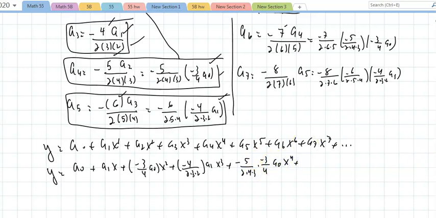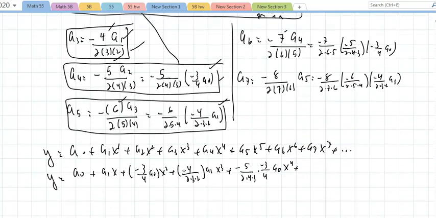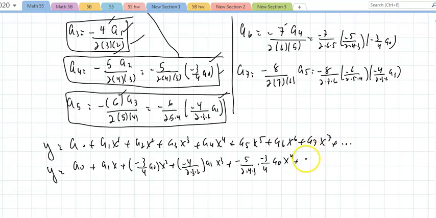A sub 5, I covered it. Oh, it's right there actually. It is negative 6 times negative 4 over 2 times 5 times 4 times 2 times 3 times 2 a sub 1 times x to the 5th.